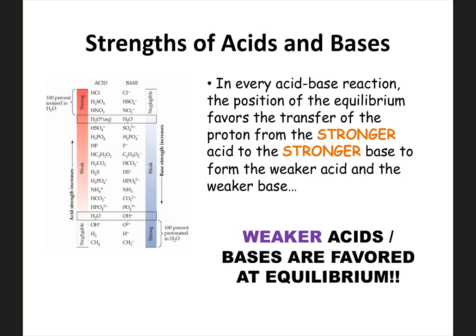So if you have an equilibrium reaction with an acid or a base, the equilibrium is going to favor the weaker acids or bases. So maybe you even have to look at an equilibrium constant, and based on that information, determine which is strong or weak. But this is the big takeaway: weaker acids and bases are favored at equilibrium.